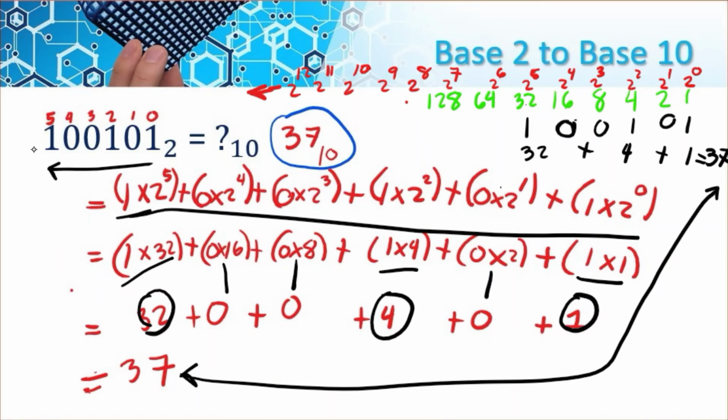So, what is the value of 2 to the power of 8? Okay, 2 to the power of 8 is 256. 2 to the power of 9 is 512. 2 to the power of 10 is 1024. 2 to the power of 11 is 2048, and so on.